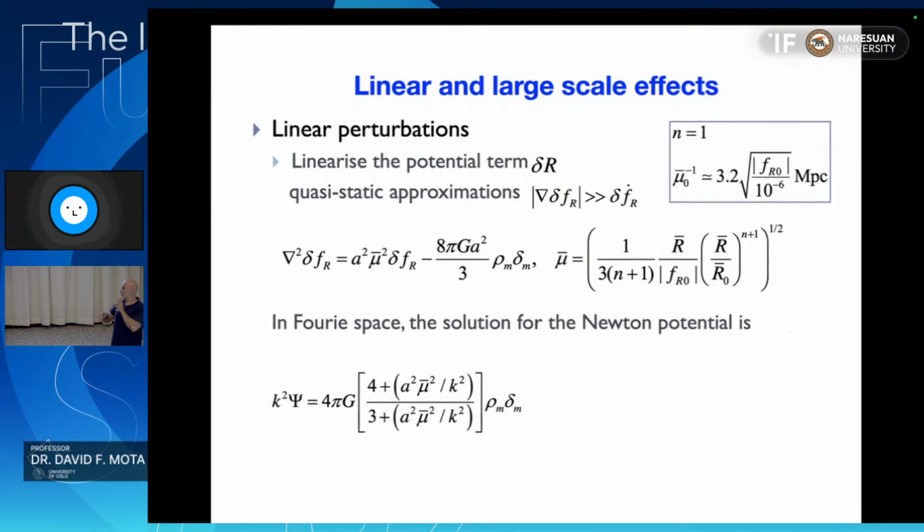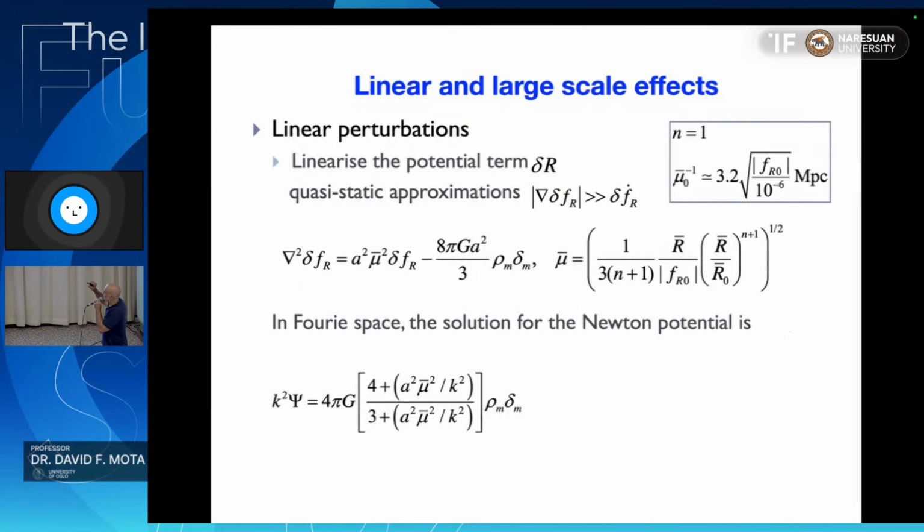If I go to Fourier space to solve these differential equations, so instead of having spatial derivatives, I go to K, that's the momentum, one over the wavelength. This is just a Fourier transformation of the equations for the Poisson-Newtonian equation. What I get is an expression like this.